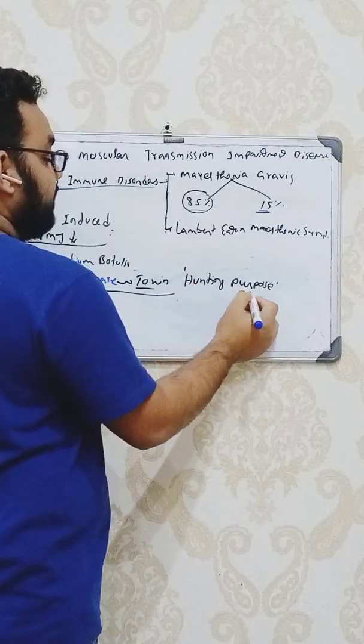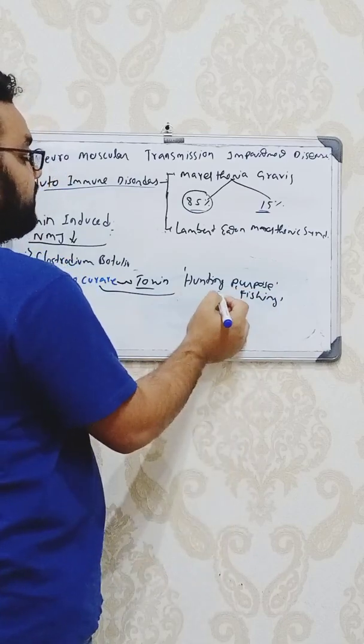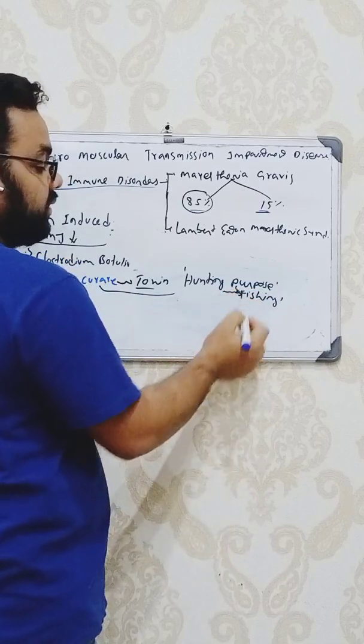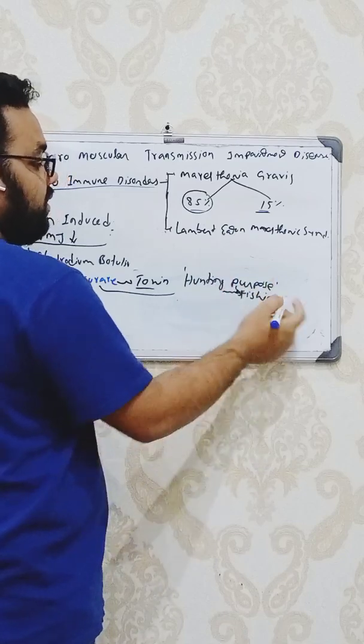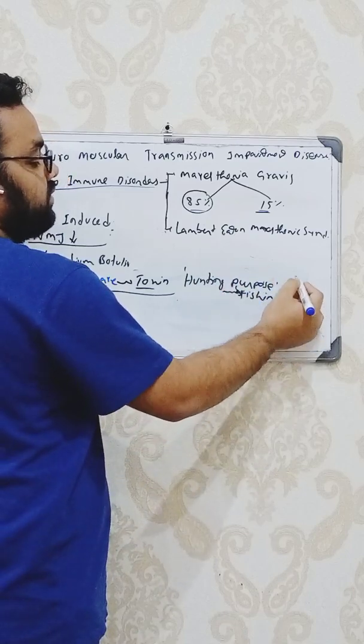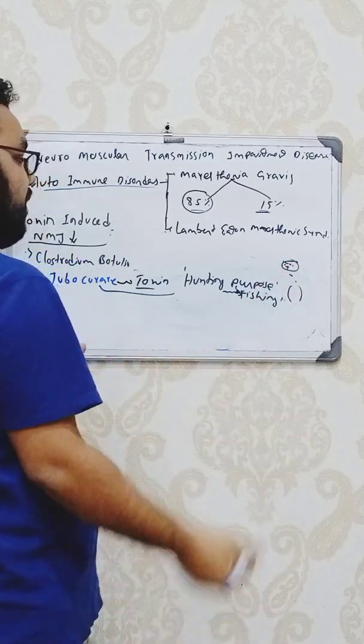Just for example, fishing. Whenever these things got attached to these fish, they got paralyzed, they died, and as a result, they came floating. These things were collected by these people and they ate it.